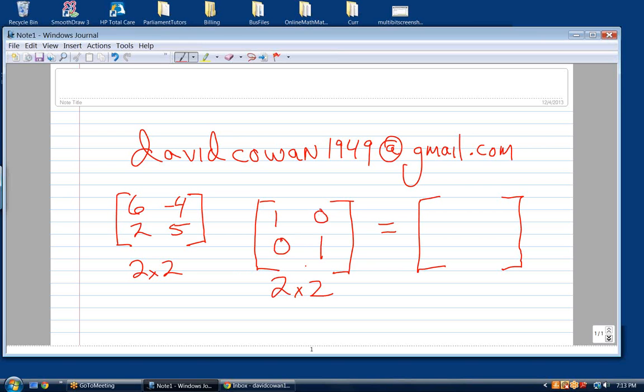Again, what I call the unity matrix. So could I just rewrite it? Well, I'm expecting to get this matrix if I remember my matrix algebra enough, but let's just go through it real quick. This spot would be 6 times 1 plus -4 times 0 is 6.